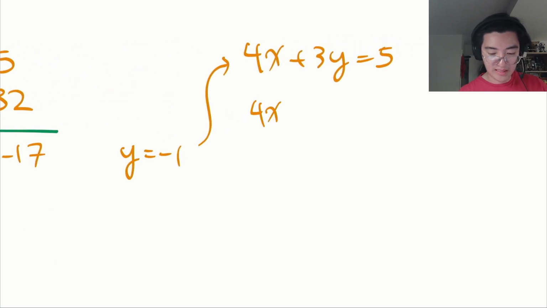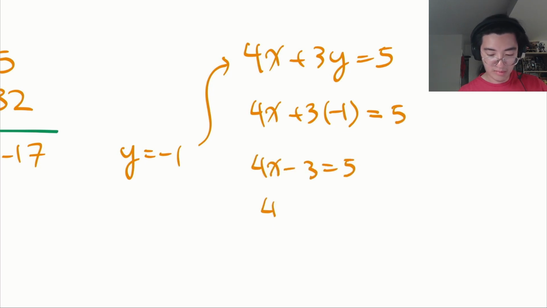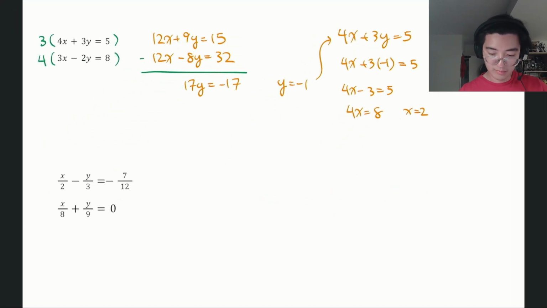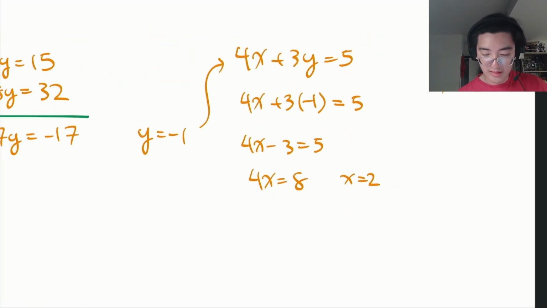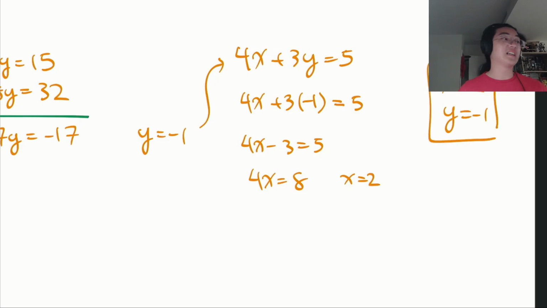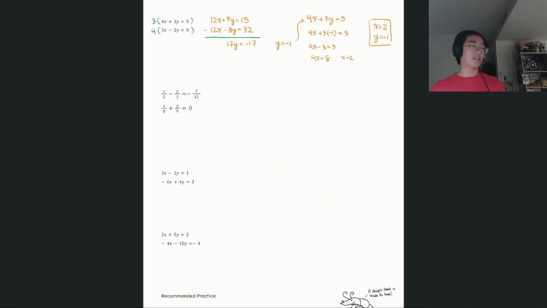You can also plug it into the equation after multiplying by 3. For 3x equals 6, so x is 2. So x is 2, y is negative 1. As you can see here, we can just graph it out and find the same answer.